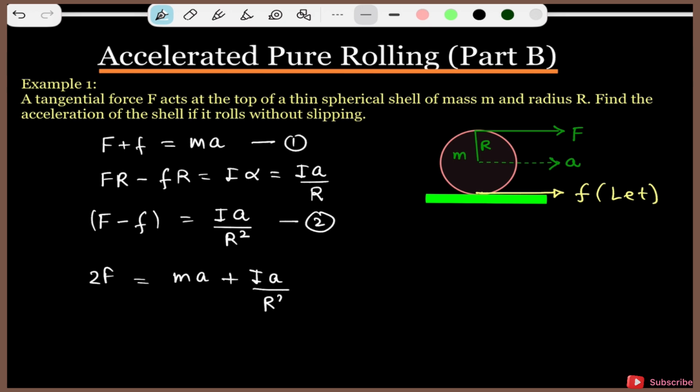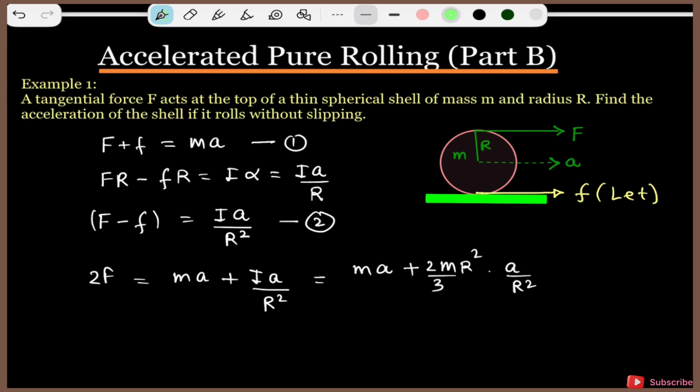But furthermore, we can plug in the value of moment of inertia of the hollow sphere or shell, which is equal to 2 by 3 mR square. So I am writing ma plus mR square and 2 by 3 a upon R square.